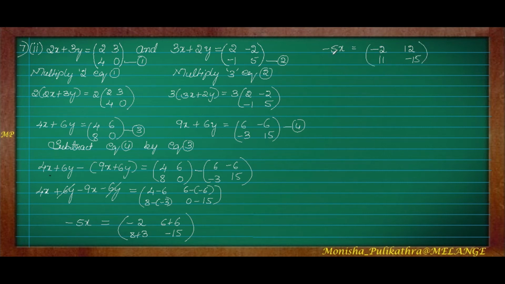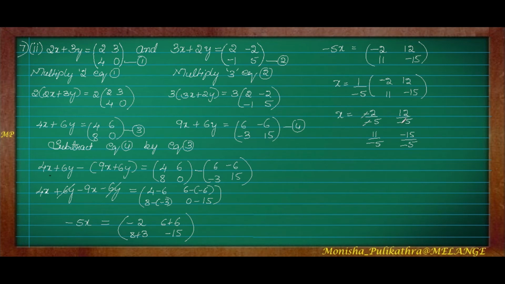Since we need the value of x, we need to shift minus 5 to the right hand side. So it will become divided by, that is 1 by minus 5 into [-2, 12; 11, -15]. We need to divide each and every element inside the matrix by minus 5. So the value of x will be minus 2 by minus 5, 12 by minus 5, 11 by minus 5 and minus 15 by minus 5.